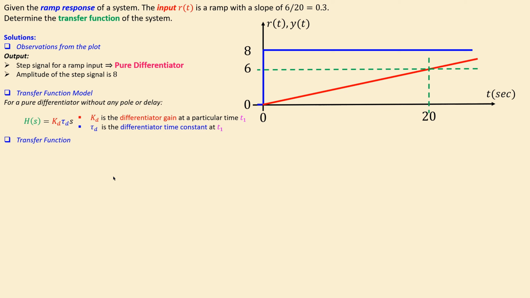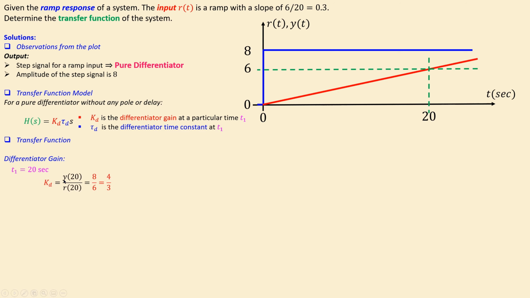Now the transfer function specifically for this system can be determined using a step-by-step procedure. Look at the kd first. What is the kd? Also at a particular time, of course. In this case, we already know that this is 20, so we can use that as our measurement point. So let's do that for t1 at 20 seconds.